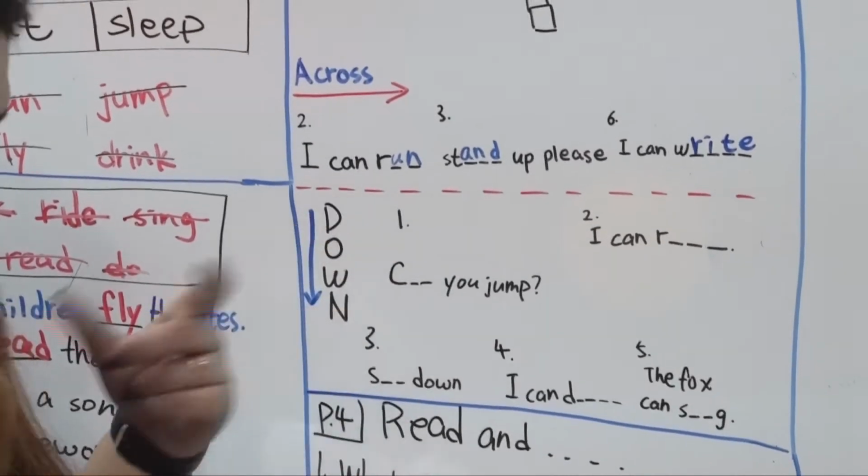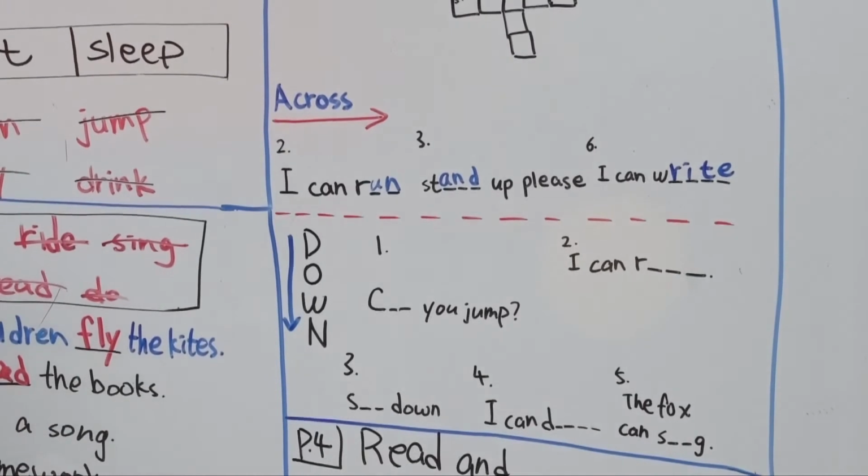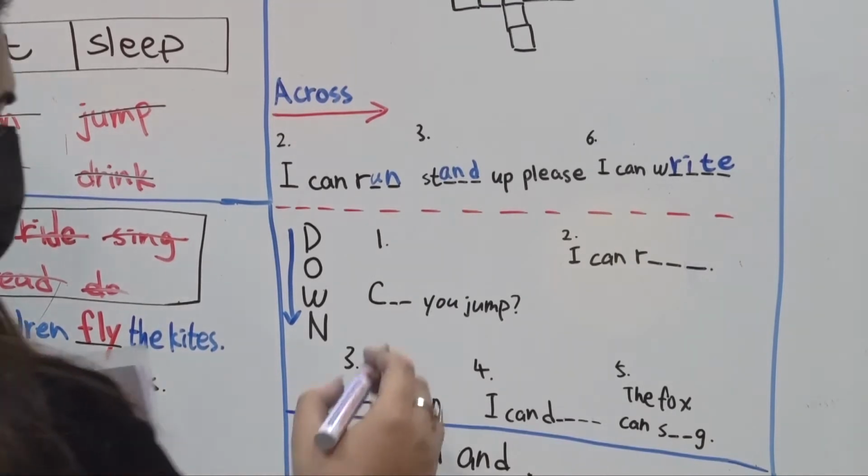Let's look at number 1, the section down. How do you ask a question when you want to ask someone about the section? Can you jump? Okay.